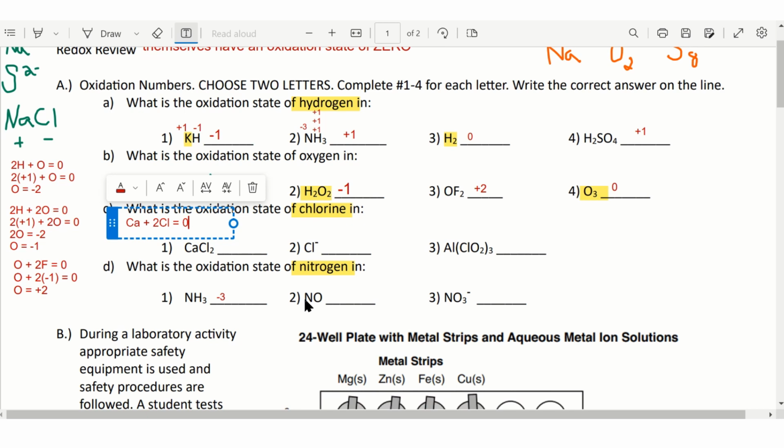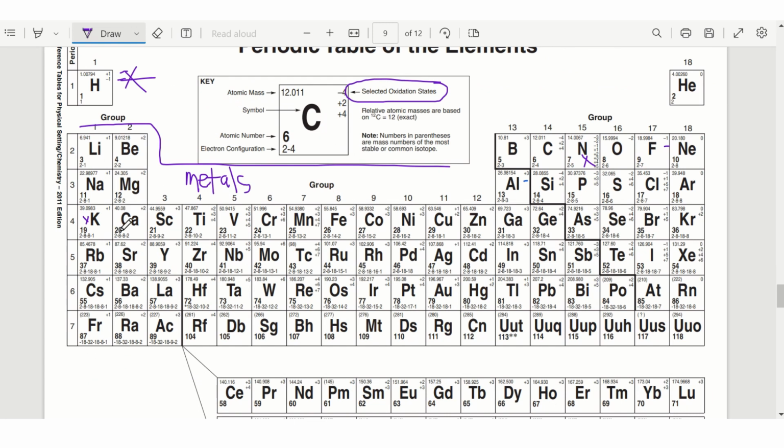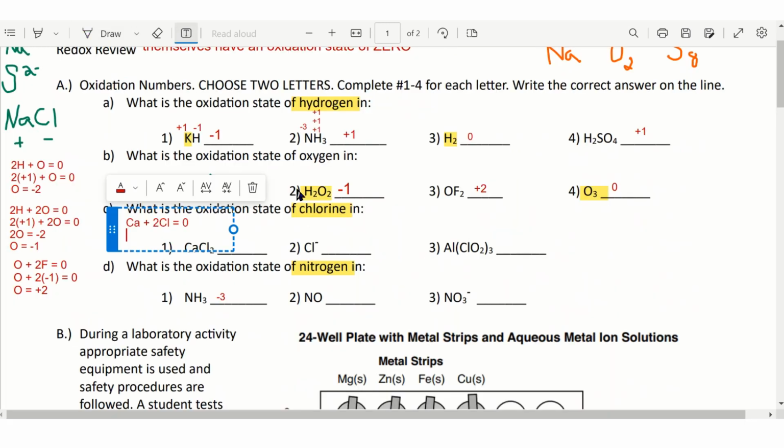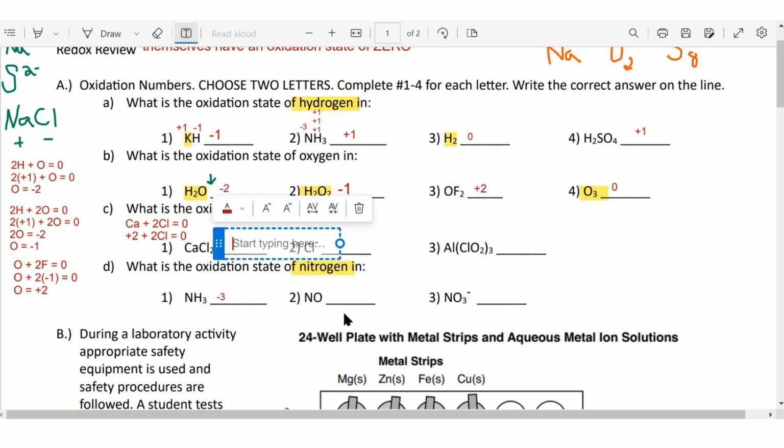I'm using the other element to solve for chlorine, so I have to look up calcium, and it is +2. So positive 2 plus 2 chlorine equals 0. All right, then you solve for it. What do you get? Hopefully you get the same answer I do, which is negative 1. You absolutely have to be able to solve an equation like this.